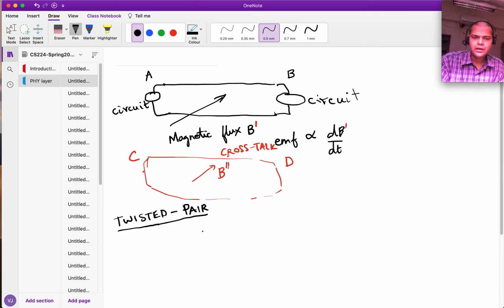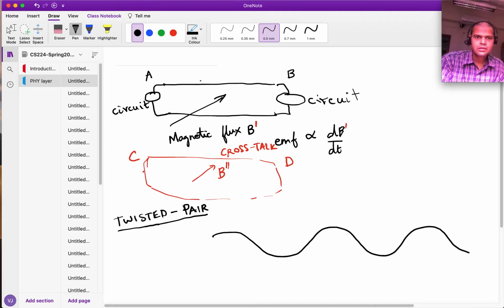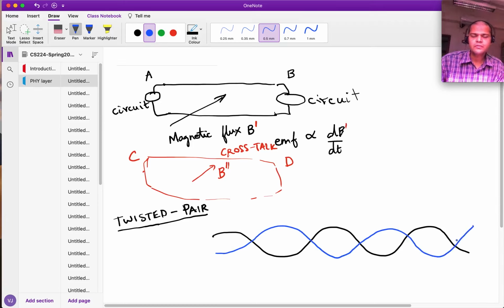So you will have a wire, let's say I draw this like this, and another wire, so they are twisted together like this in this fashion. Okay, and they are of course tightly twisted together. I'm just showing it this way to exaggerate it a little bit. So how is this any good?